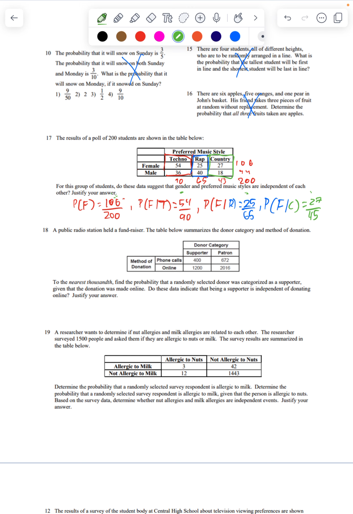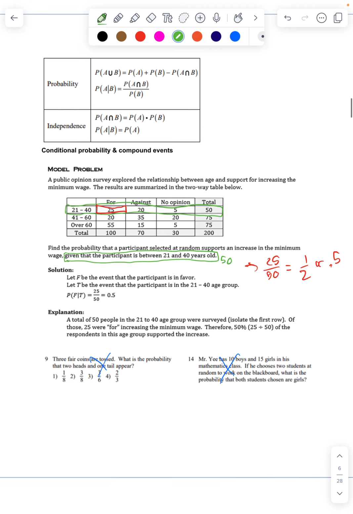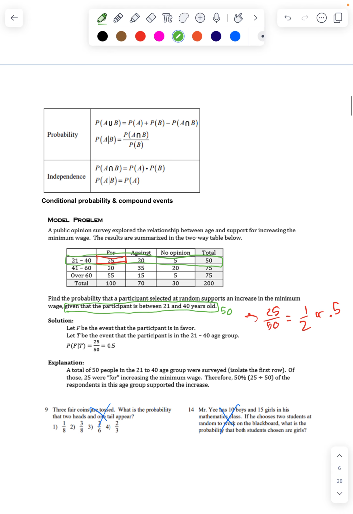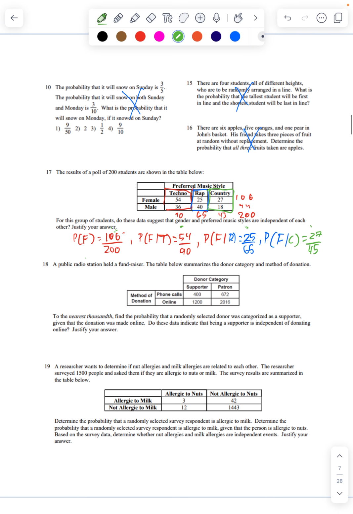So they're not independent of each other. If we look at the independence formulas over here, the probability of being something given something else is the probability of that thing again. Now, this is 0.54. This is 0.6. So off the bat, we know they're not independent of each other.